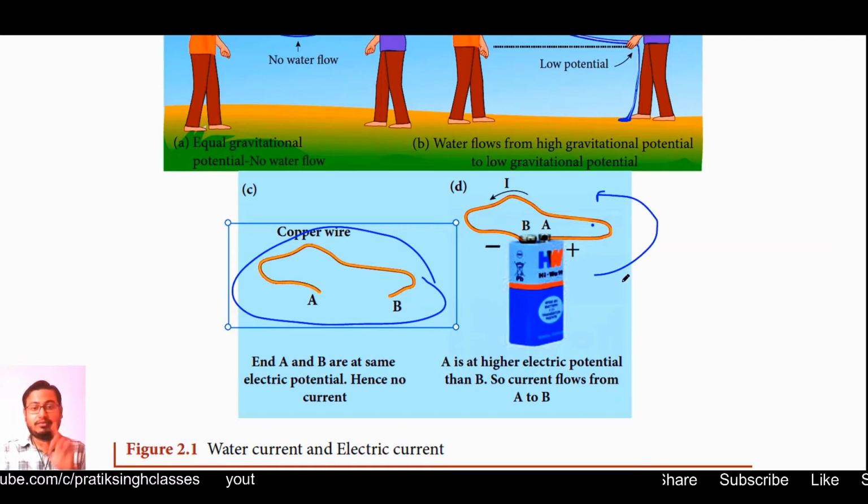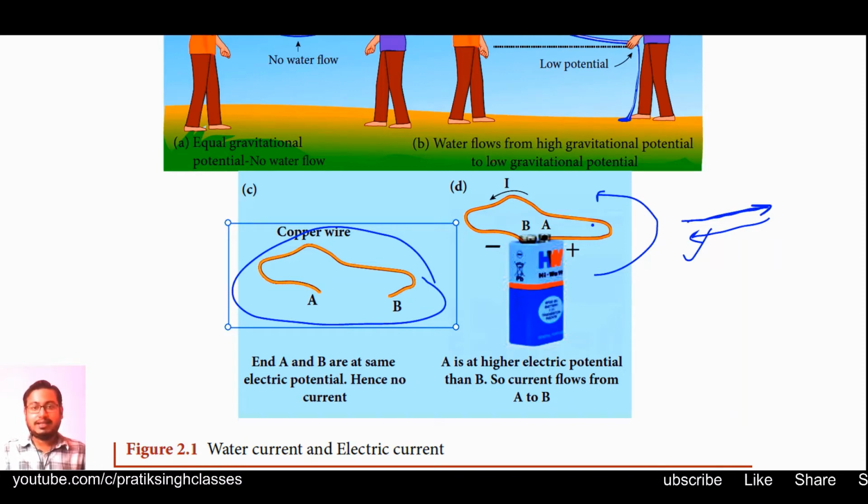But the flow of charges will always be from the negative terminal of the battery outside to the positive terminal. Always remember that the flow of charge and the flow of current are totally opposite of each other. The flow of current is taken as the conventional direction, and the flow of charge is the real direction of the flow of charges inside the conductor or the material.